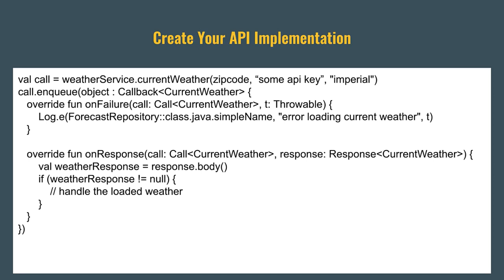We're going to do this work on a background thread, and when we're done, we're going to take this callback, call it on the main thread, and let the caller know that we either have the weather or there was some type of failure. This type of callback pattern is very common in many types of libraries, and it's a good way to help ensure that we're not blocking the UI or just any other thread in general.